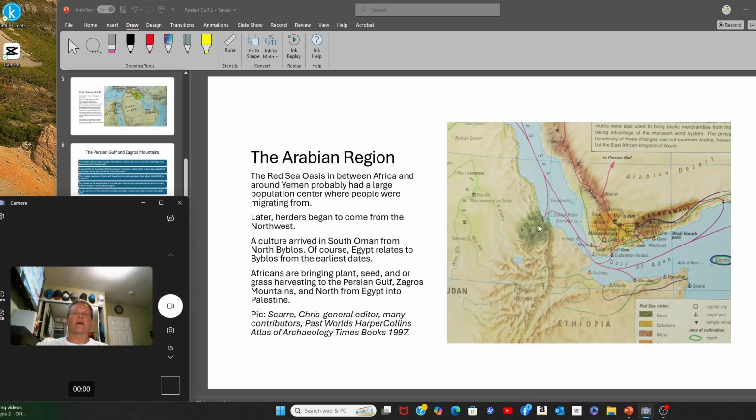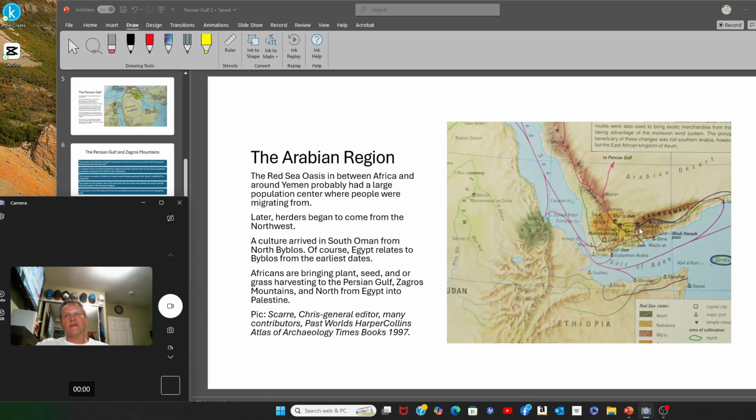If Axum becomes a kingdom and has a big population center, you can see here the trade routes that were used are coming out of Axum.